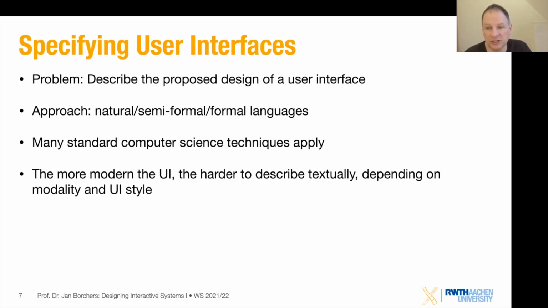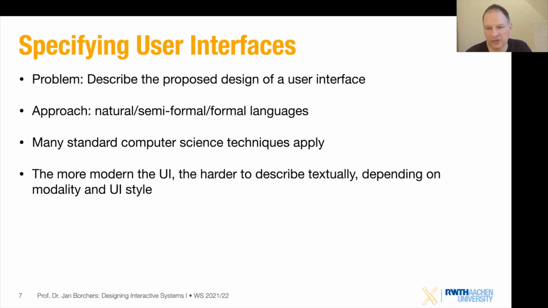So that's pretty easy to model with the methods that we know in formal languages in computer science, because it is based on semiotics, right, on symbol manipulation. But it's much more tricky to actually specify a graphical user interface in the same way using a formal language. And we'll see why that is the case.